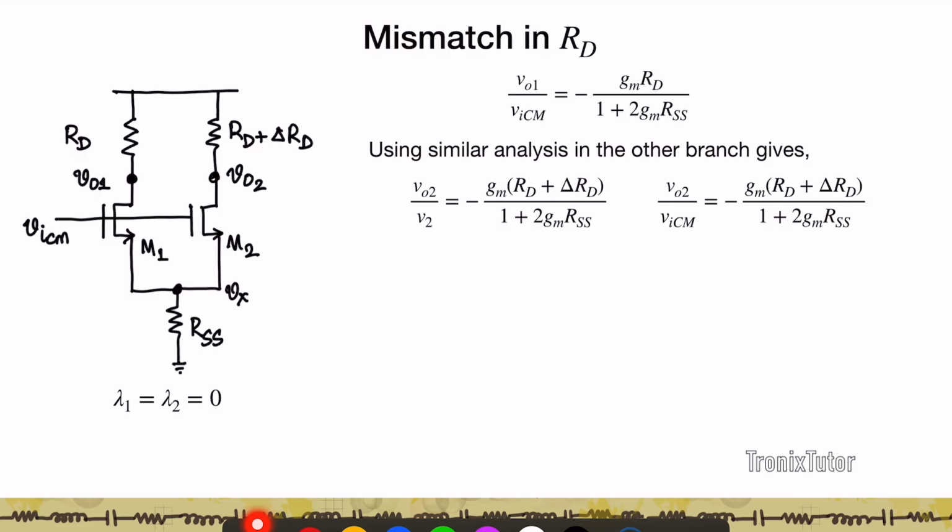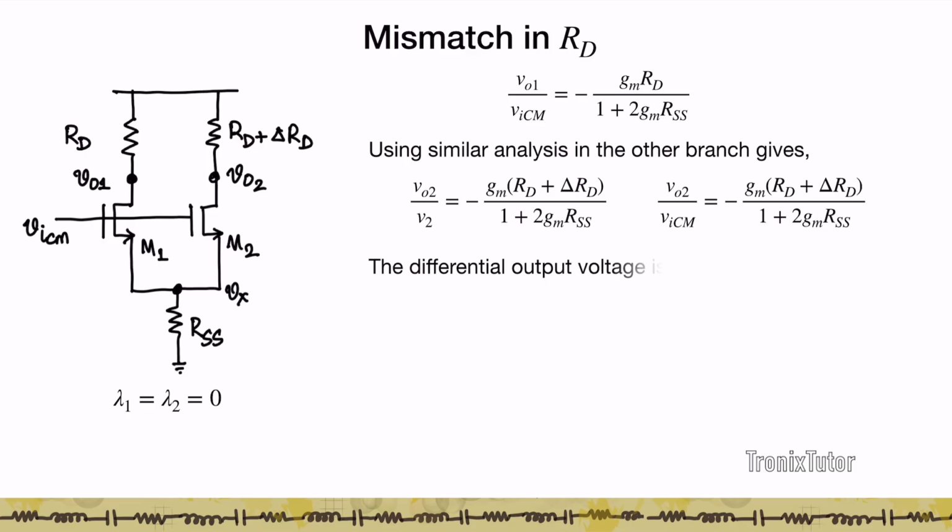So what you see here is that even though the input signals are VICM to both the gates, VO1 and VO2 are not equal because VO1 and VO2 are connected to AC ground through different load resistors. One is connected through RD and one is connected through RD plus delta RD.